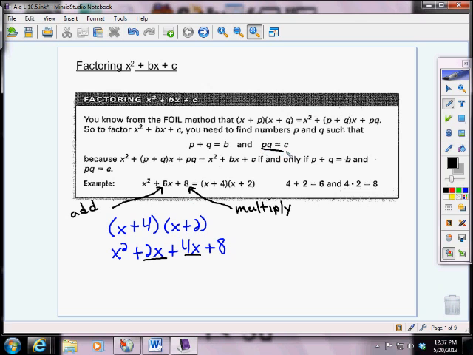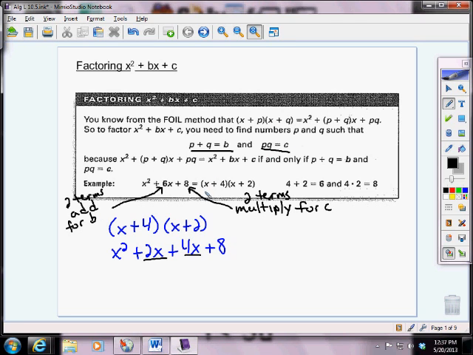We are looking for two terms you multiply for c, and two terms we add for b. Now again, I know that seems confusing as soon as we start talking about variables, but this is what we're doing.